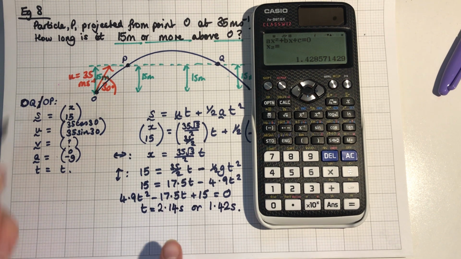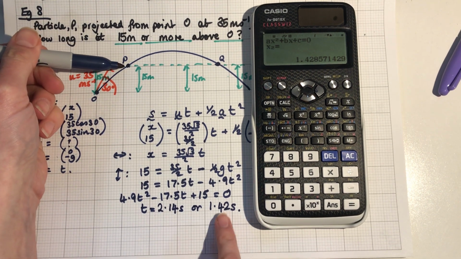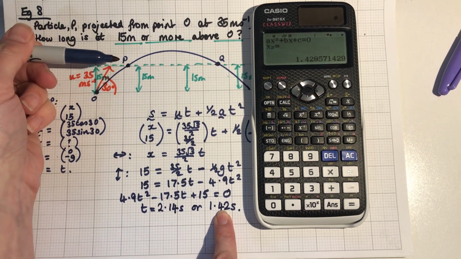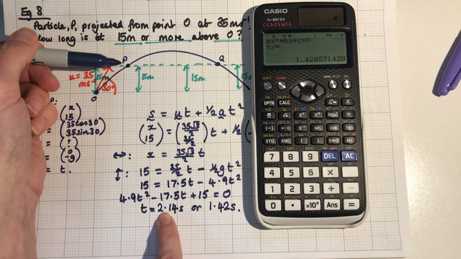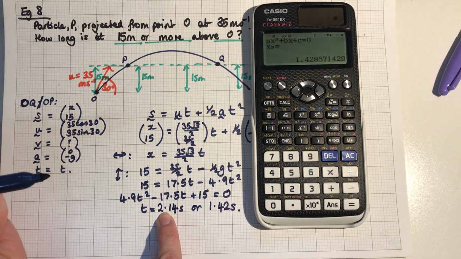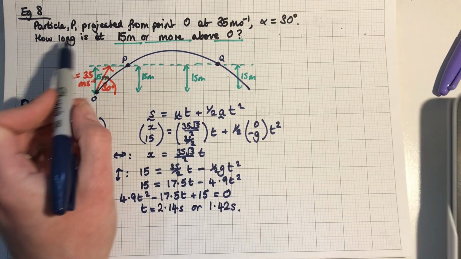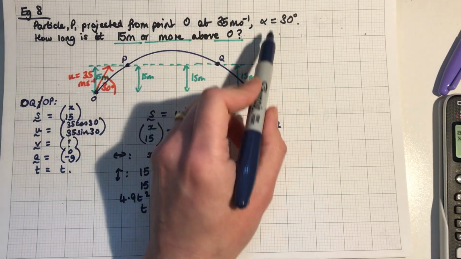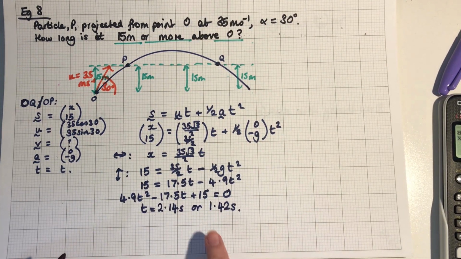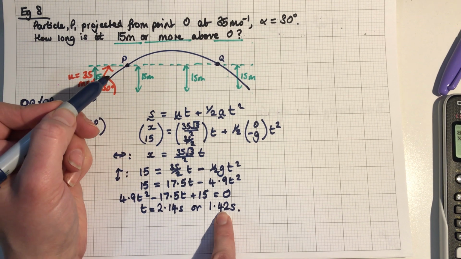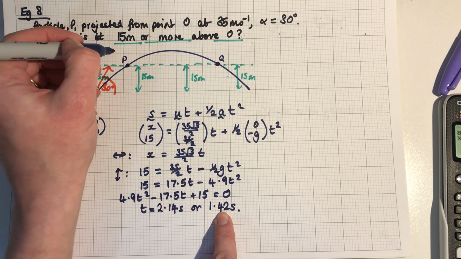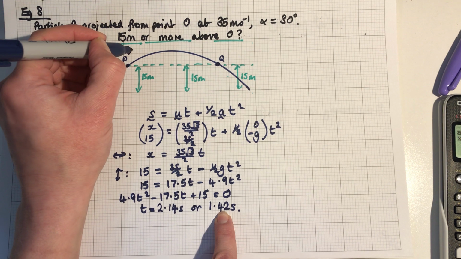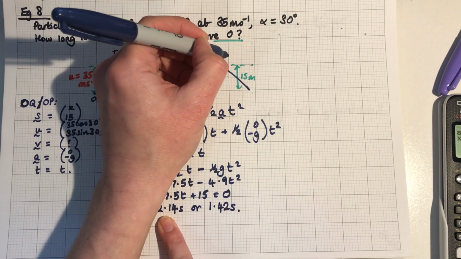Well, because one of them represents point P, and one of them represents the next time we're at this height of 15, which is point Q. So when the question asks us for how long are we 15 metres or more above O, well, we are for that height above O between 1.42 seconds, let's write that there, and 2.14 seconds.